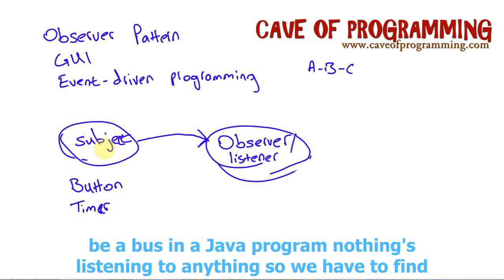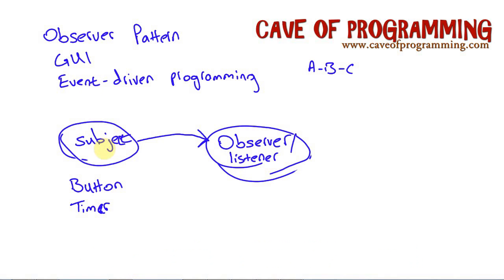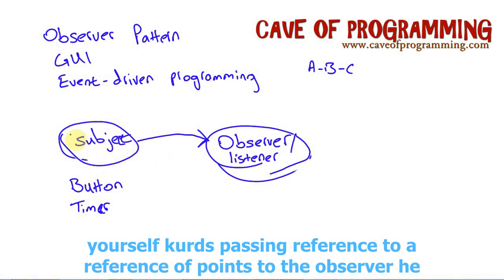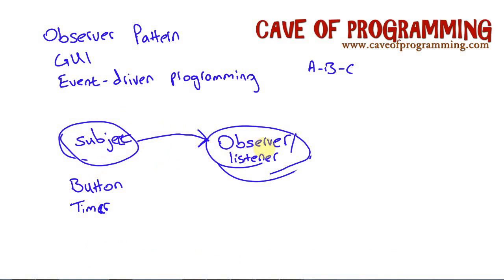But of course, in a Java program, nothing's listening to anything, so we have to find some way of making this work. And if you're writing both of these objects yourself, you could pass a reference to the observer, a reference that points to the observer.